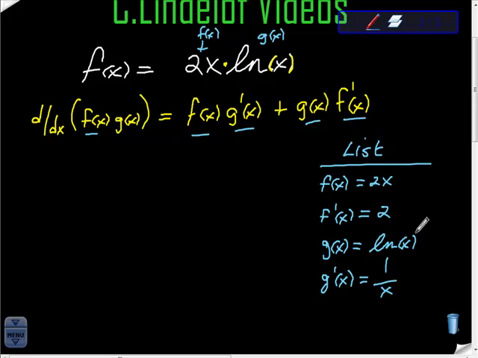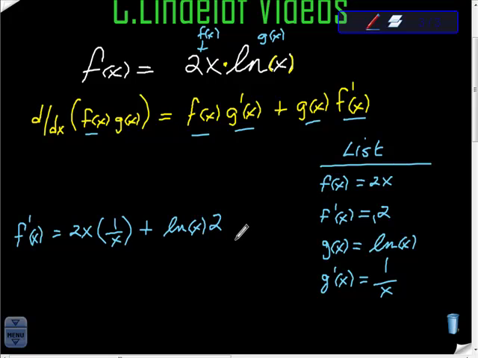Hopefully you can see that I have a machine built of these parts, and I'm going to collect these parts methodically and then plug them into this machine. So f prime of x is equal to f of x, which is 2x, times the derivative of the second function, which is 1 over x, plus the second function, ln x, times the derivative of the first function, which is 2.